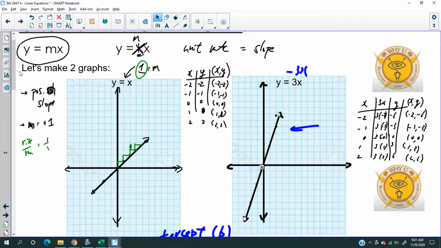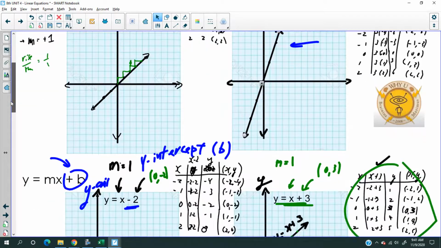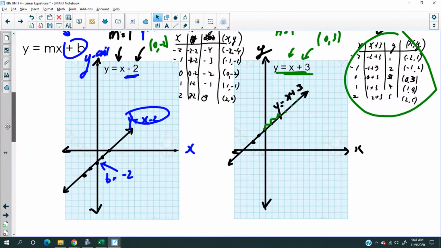A larger slope means a steeper line. Then we saw that if we change the y-intercept, it shifts the line either up or down accordingly. If it's a positive number, it shifts up. If it's a negative number, the shift is downward.